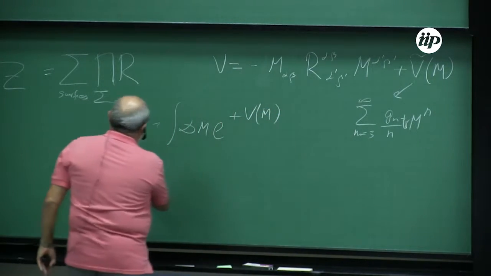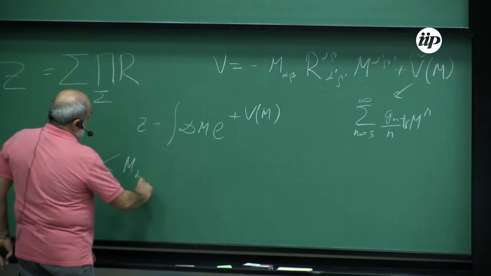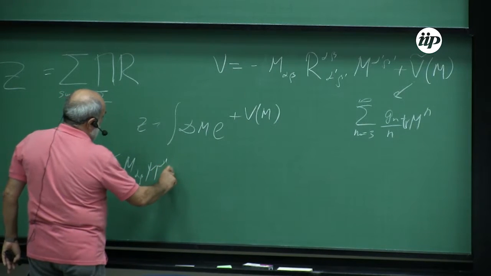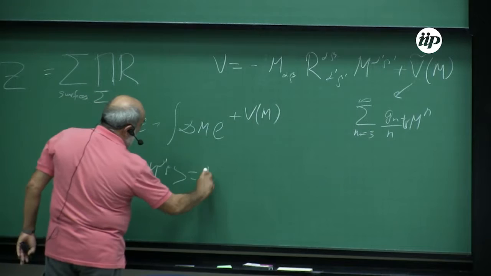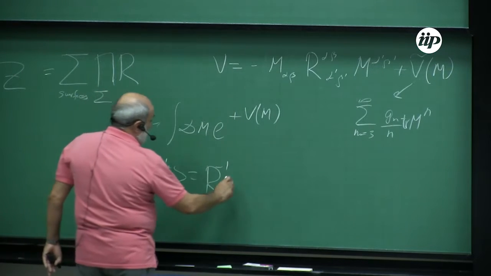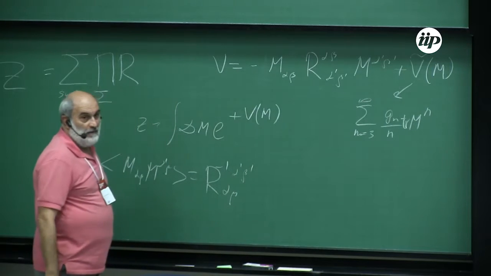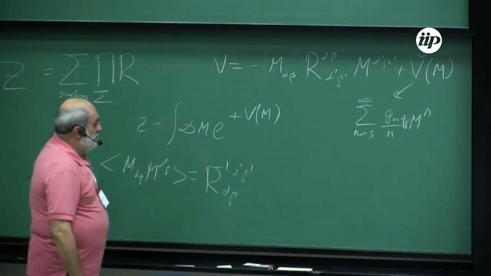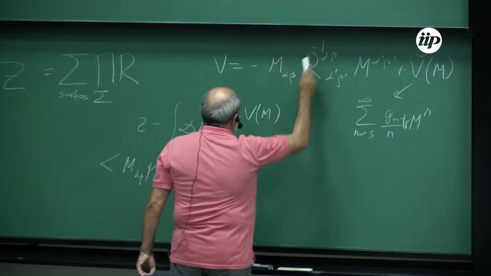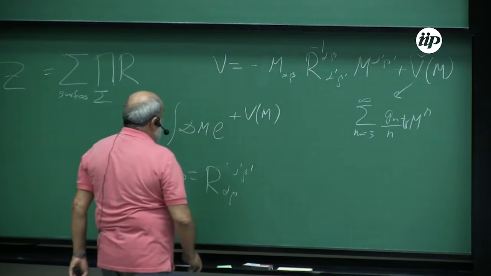So m alpha beta, m alpha prime beta prime is something, R minus 1 alpha beta alpha prime beta prime. Formally, I can put here alpha m minus r minus something, get here R.